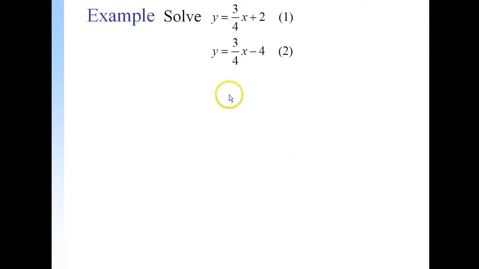Now, here's a case where we could do it by substitution, but just take a look at what's happening there. Yeah, it's the same slope, but different y-intercepts. So will this have a solution?